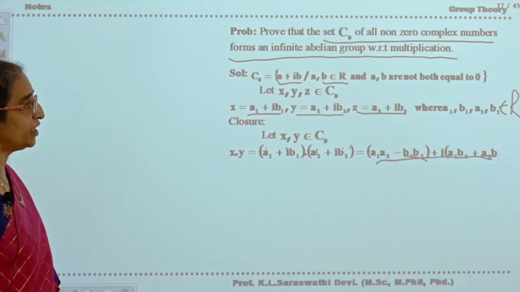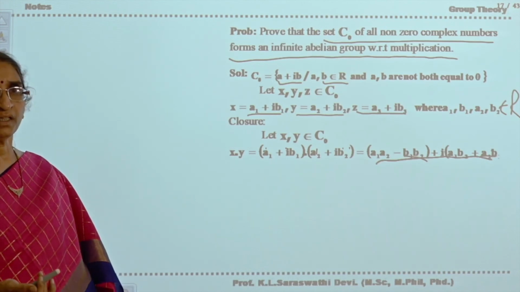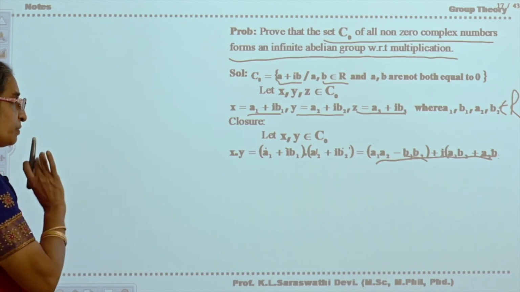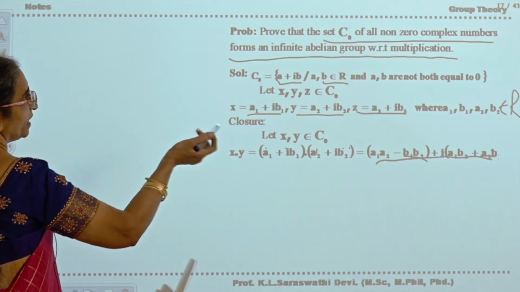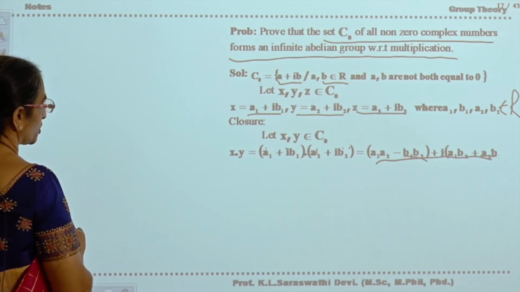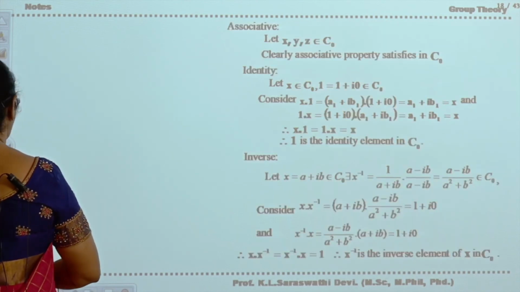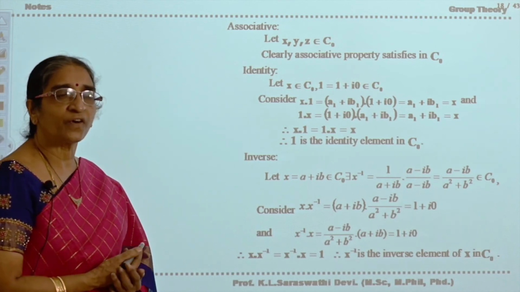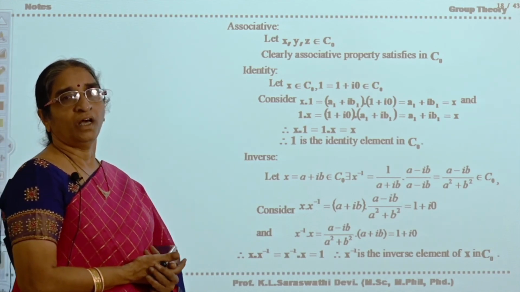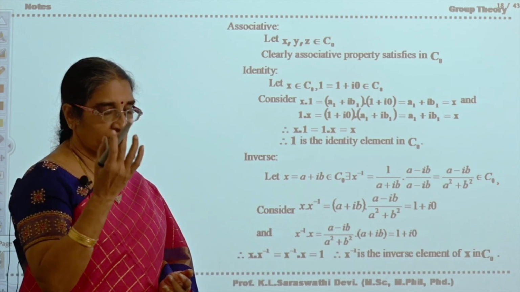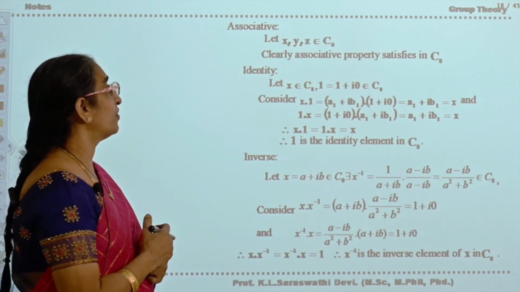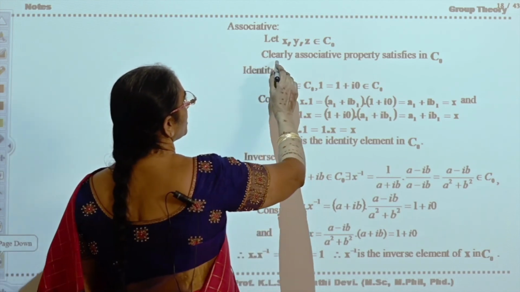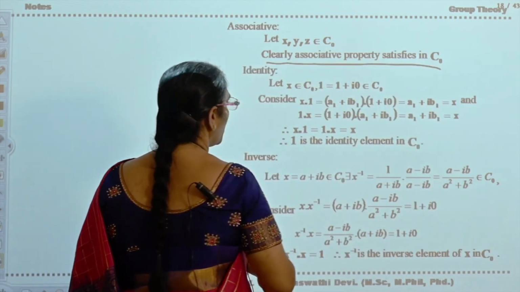Now a1 a2 minus b1 b2 is a real number, and a1 b2 plus a2 b1 is also a real number. Therefore, xy belongs to C naught. So closure property is satisfied. Similarly, associativity is satisfied in C naught because the set of complex numbers follows the associative property.